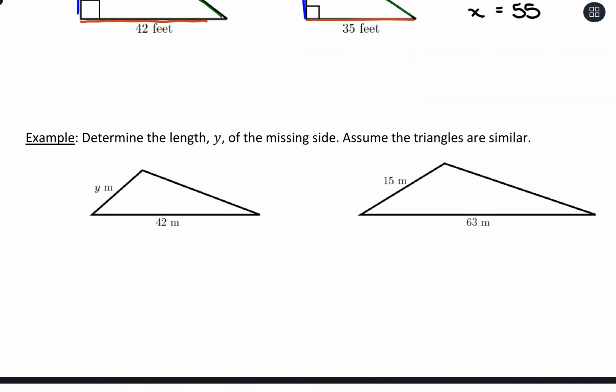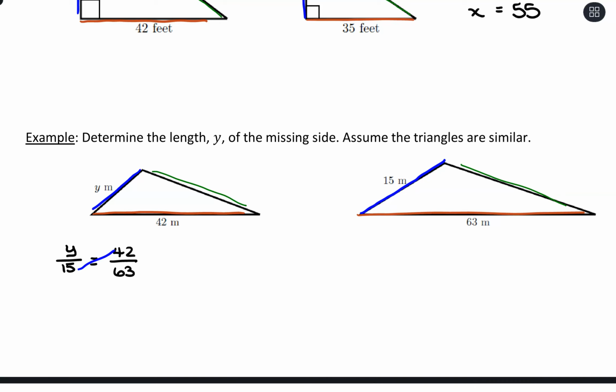Let's look at one more example here. So we're going to have our similar triangles here, and we'll assume they're all nicely lined up for us. All right, so I'm going to get y compared to 15. So y divided by 15 is equal to 42 divided by 63.